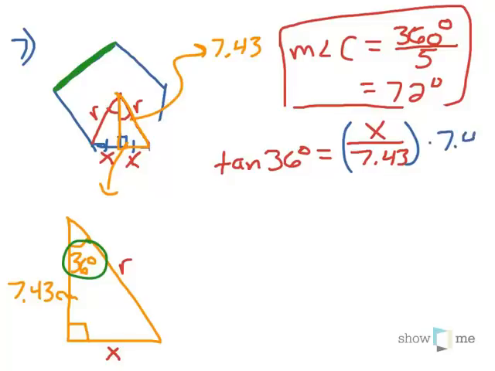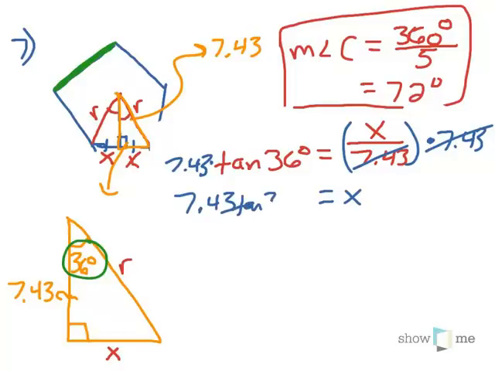So we're going to multiply both sides by 7.43. On the right, the 7.43's cancel. Something divided by itself is 1. On the left, we get 7.43 tangent of 36 degrees. Put that in your calculator. Make sure you're in degree mode, and you should get, to the nearest hundredth, 5.40.